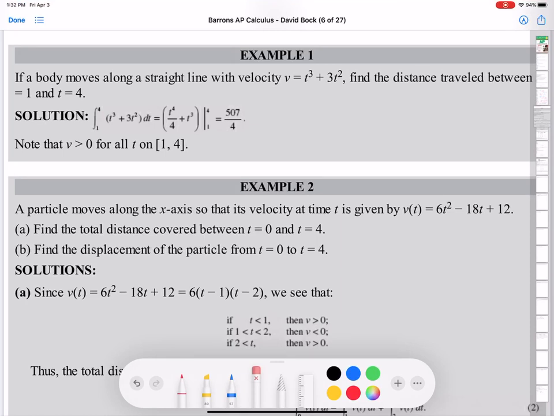Example 1: if a body moves along a straight line with velocity v equals t cubed plus 3t squared, find the distance traveled between t equals 1 and t equals 4. At first, I will try to draw this function's graph. This is the t-axis, this is the v-axis. I try to find the zeros of this function by factoring.